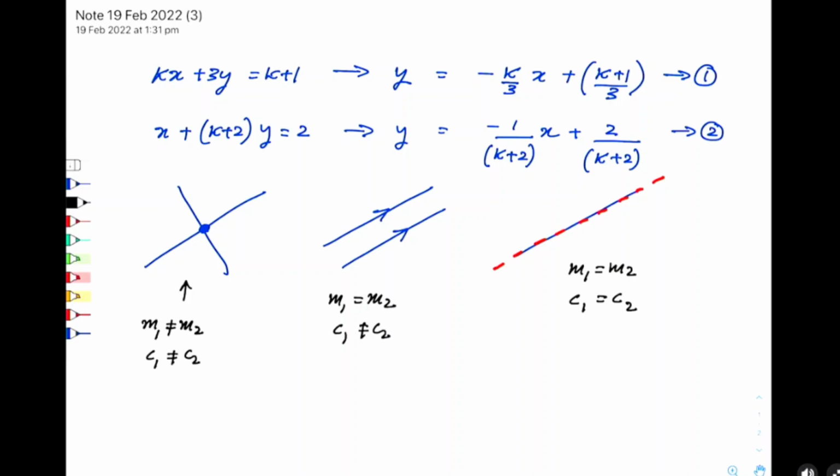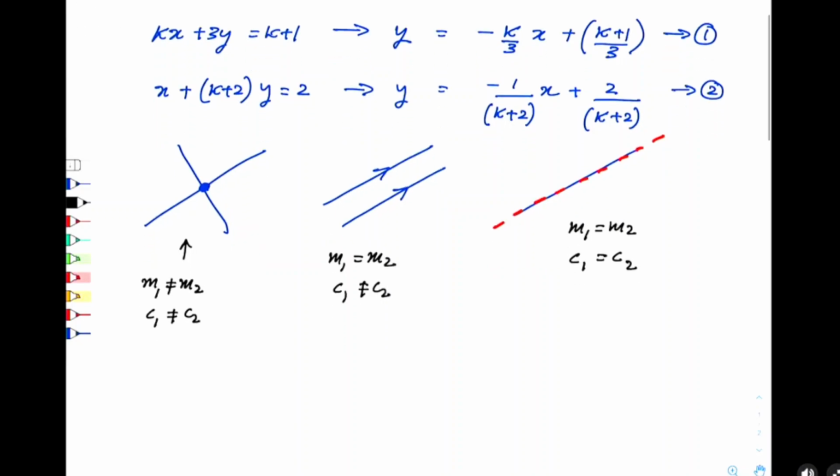So what you have to see is these are the gradients, right? If you want to have this condition, that means M1 and M2 should be the same, as well as C1 and C2 should be the same. So first of all, you will get the M1 is equal to M2 condition.